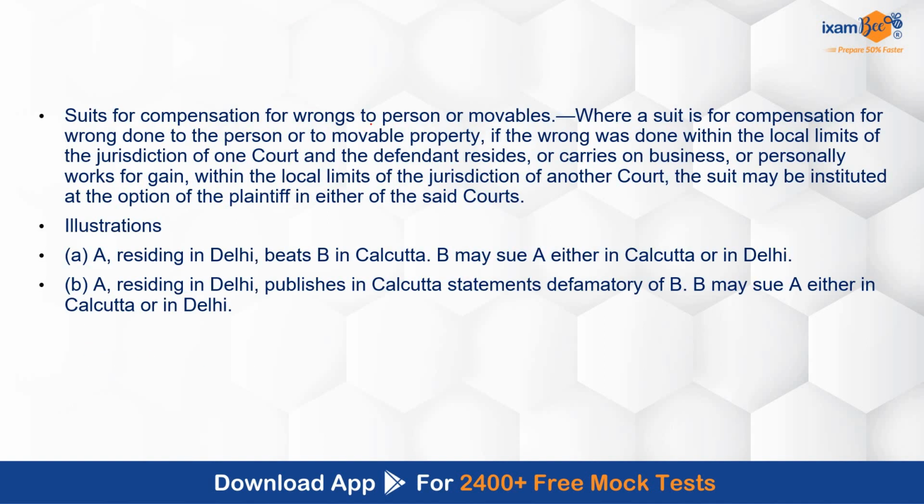Suit for compensation for wrongs to persons or movables. Where a suit is for compensation for wrong done to a person or to movable property, if the wrong was done within the local limits of jurisdiction of one court and the defendant resides or carries on business or personally works for gain within the local limits of jurisdiction of another court, the suit may be instituted at the option of plaintiff in either of the said courts. This is an illustration of section 19 of CPC.